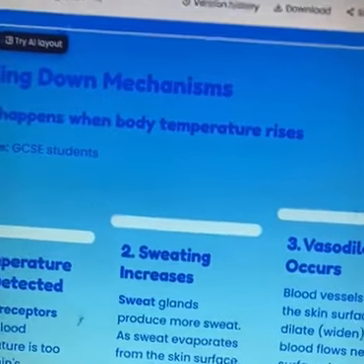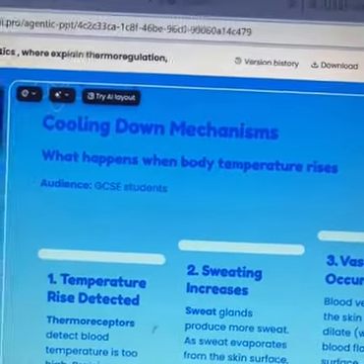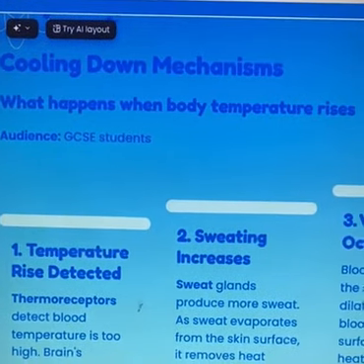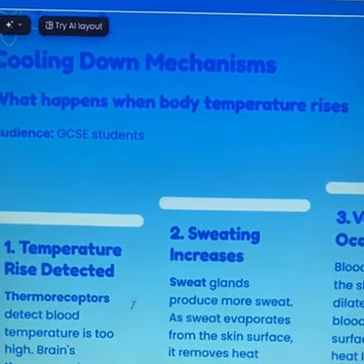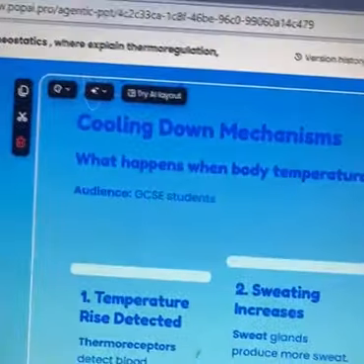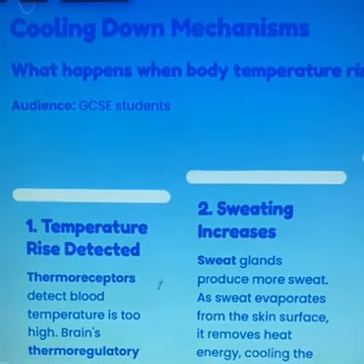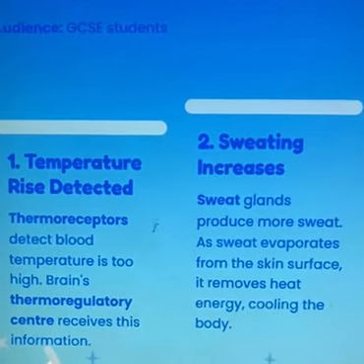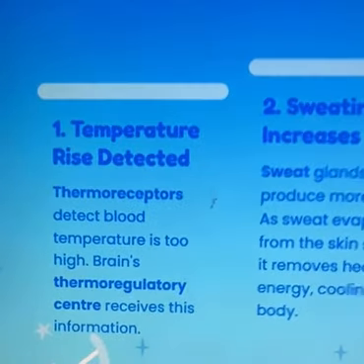Okay, let's move on to the next. So the next one is cooling down mechanism. Now what is cooling down mechanism? What happens when the body temperature rises? When the body temperature rises, homeostasis tries to maintain the temperature and cool it down.